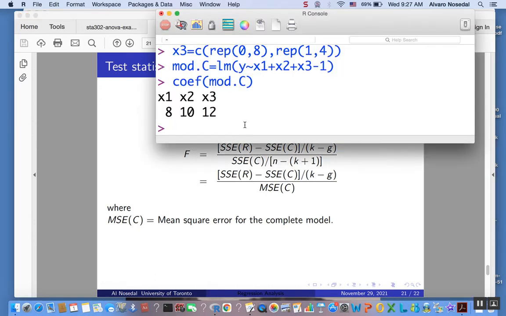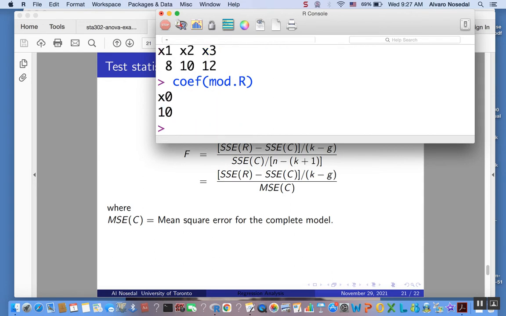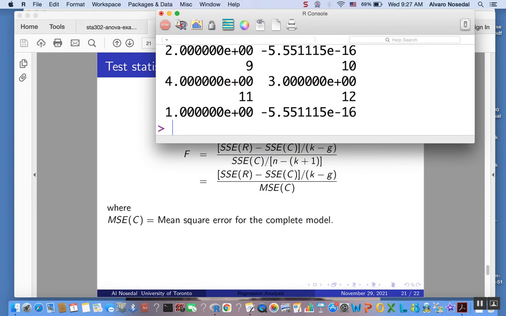First, let's try and find the sum of squares error for the reduced model. We already have it, it's mod R. Remember that if you want the residuals, one way of finding them is with the name of the model, res, as in residuals. That's going to give you the residuals.